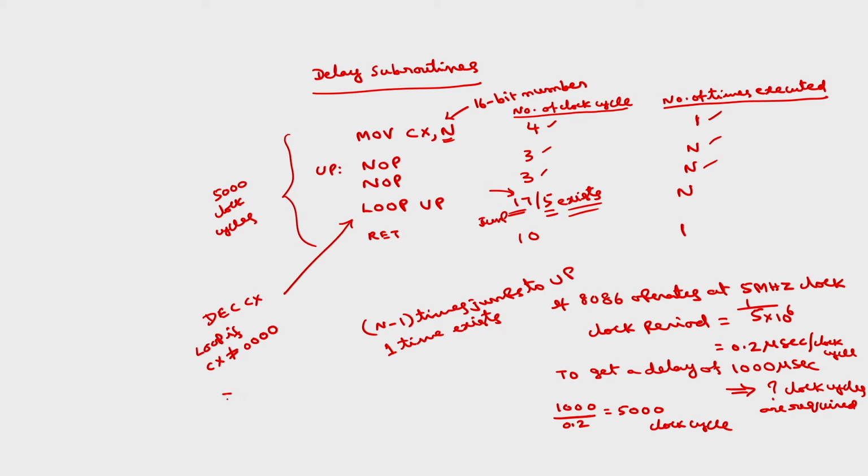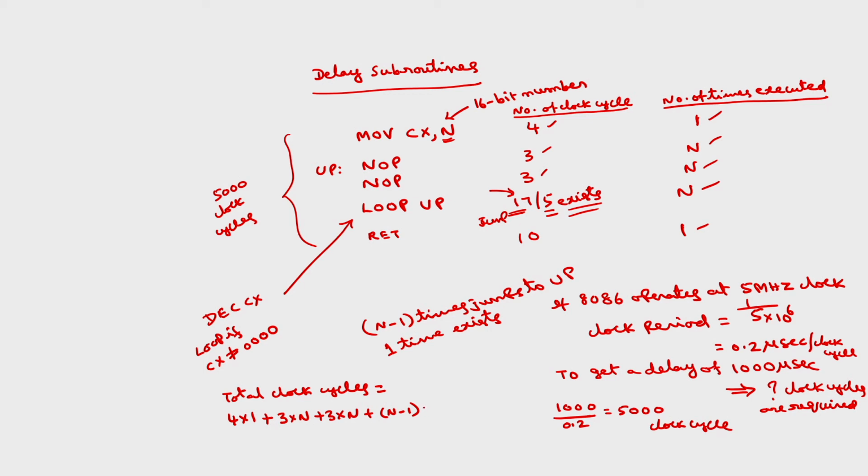So, here total clock cycles is equal to 4 into 1 plus 3 into n plus 3 into n, because these 3 instructions in fact will be executed n times, plus out of this n times, n minus 1 times this will jump to up.